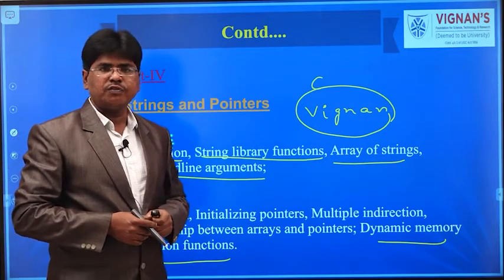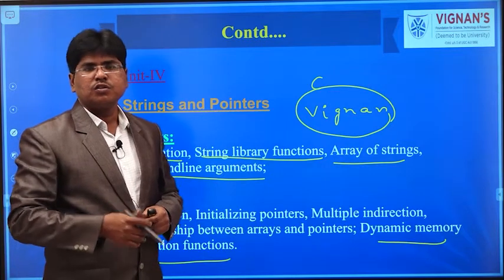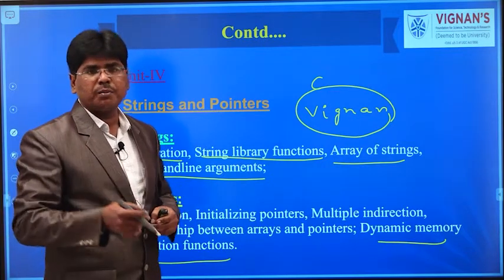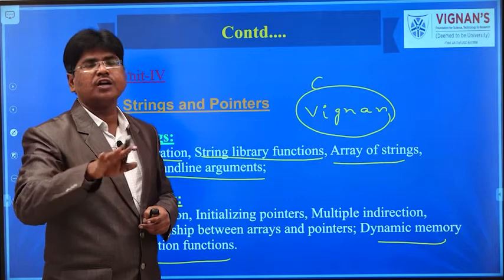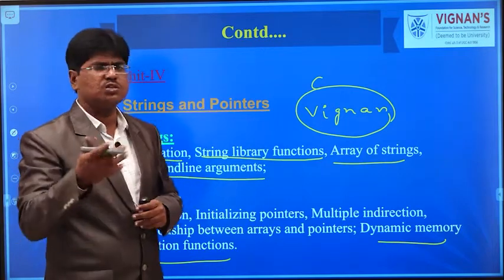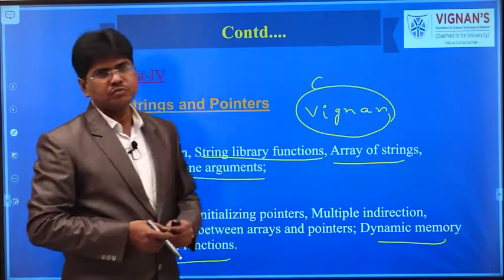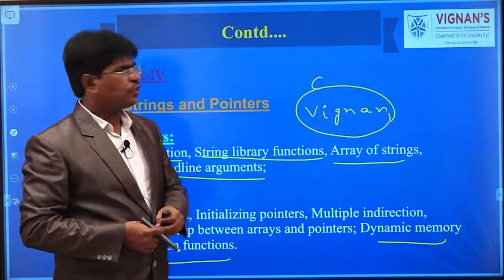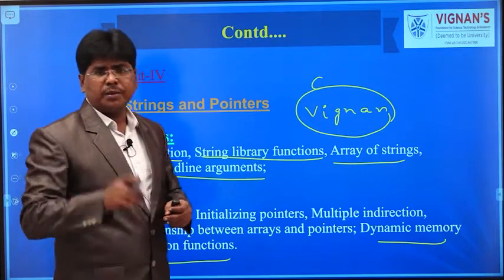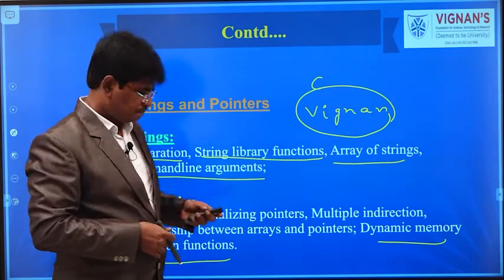Sometimes there might be a need for allocating memory again. For that purpose, how we can allocate the memory temporarily for that context only, and how we can remove the memory, those things we will cover under dynamic memory allocation. So this is about the fourth unit. The main concepts of this unit are strings and pointers.